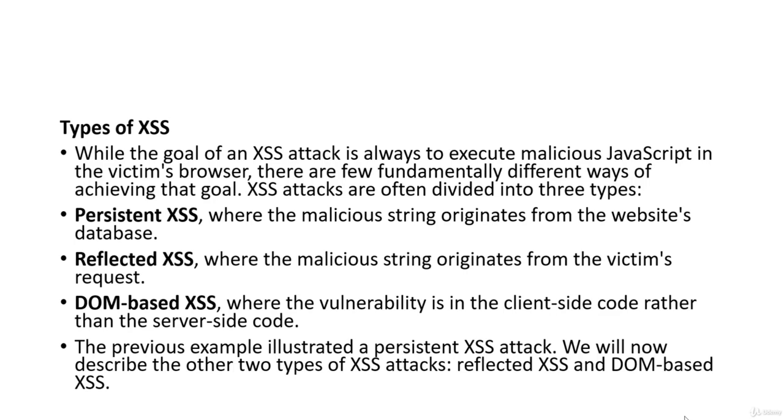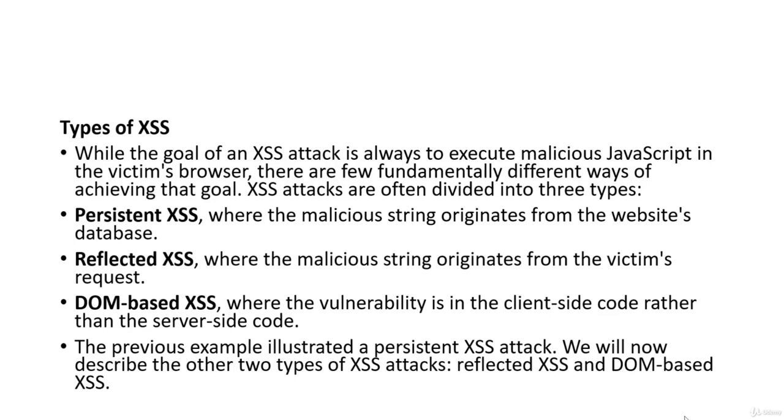The next one is reflected XSS attack. This is the type of XSS where the malicious string, that means the code, originates from the victim's request. That means it will only be reflected to particular victims. Whenever anyone opens the infected link or URL, it will be visible only to that victim, and it won't affect the whole or broad domain of users that visit the website.